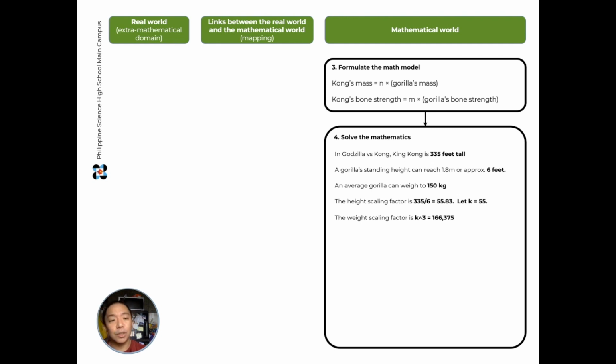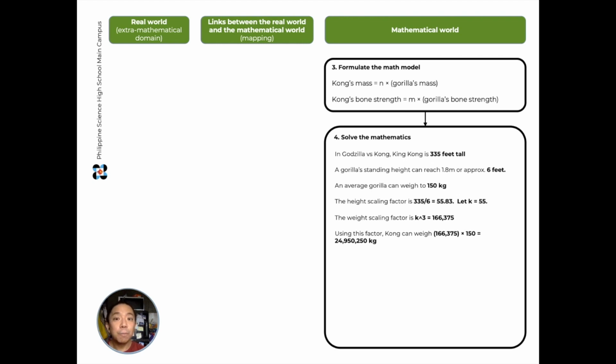If you want to round it off to 160,000, that's fine. So, using this factor, we'll have an estimate ng timbang ni King Kong na 166,375 times 150, which is yung mass ng isang gorilla in kilograms. And we would estimate King Kong to have a mass or weight of, sabihin na natin, 25 million kilograms.